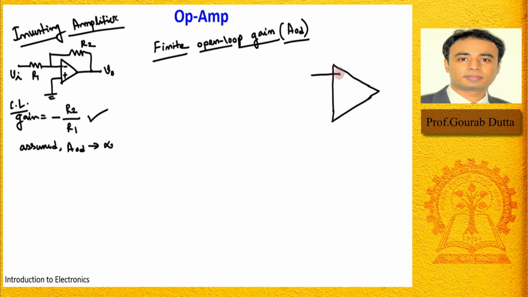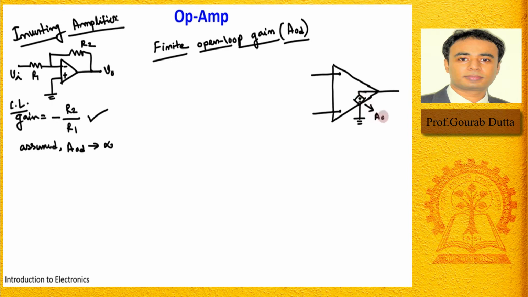Here we are considering these two input terminals of this op amp, and this is the output terminal. We are considering that the op amp input resistance is still very high, that means no current is flowing into this op amp or coming out of it. And you remember the open circuit voltage, we have done this part.